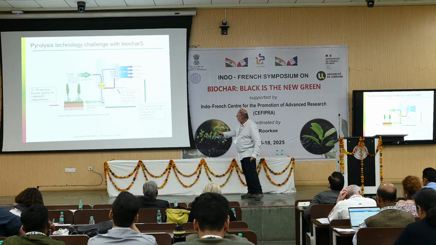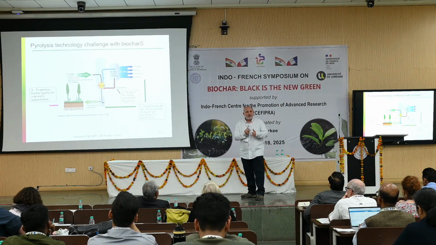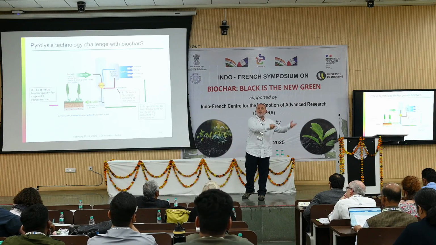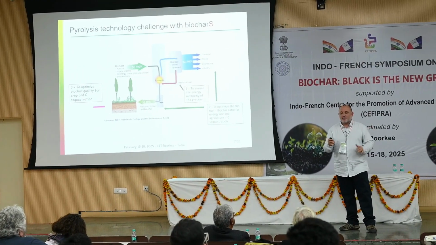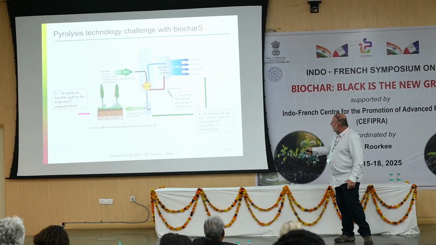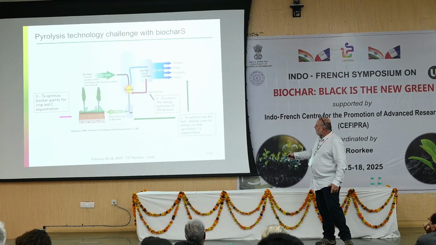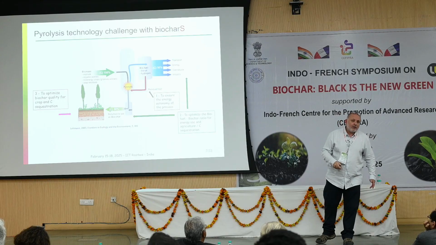And the third challenge, for the main product, is what are the characteristics of the product, and how we control it in order to better use it in the final application. So we have three main challenges in the pyrolysis process: energy autonomy of the system, the balance between the main product and the co-product, and the quality and characteristics of the product depending on the final use.